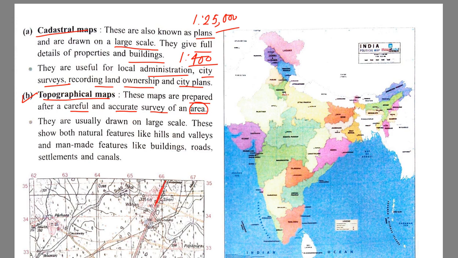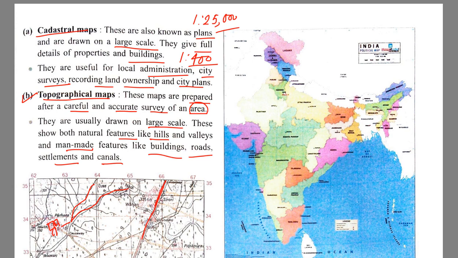There are settlements, compact type of settlements, so all the information we are getting very specifically, and they are usually drawn on large scale, and these show both natural features like hills and valleys, and all types of man-made features like any kind of building, any kind of road, settlement, canals, all these things.